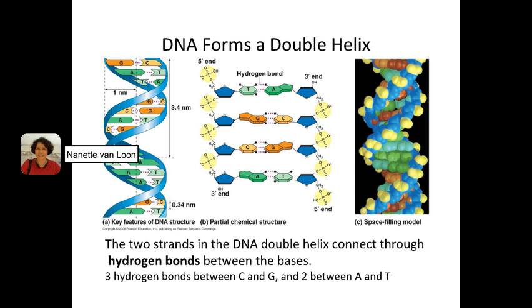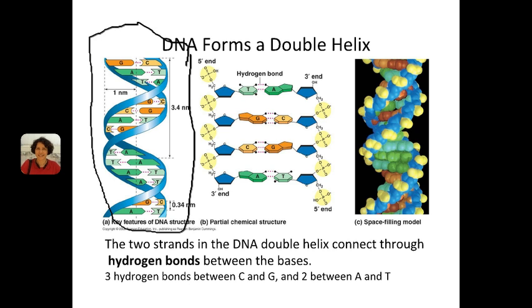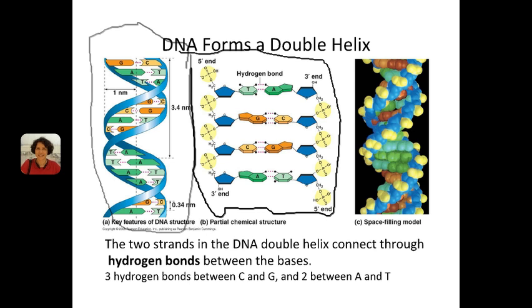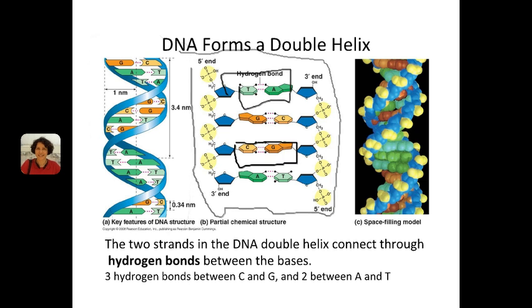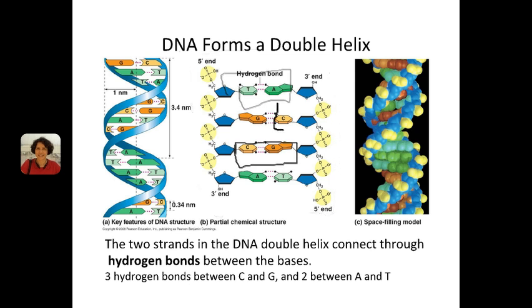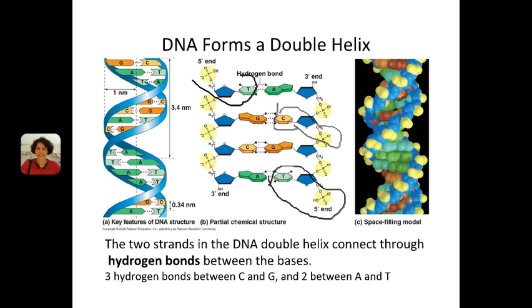And here we see the double helical structure of the DNA molecule. It forms a spiral, and this part in the middle shows us how the 2 strands in the double helix connect with each other through hydrogen bonds. 2 hydrogen bonds between an A and a T, and 3 hydrogen bonds between a C and a G. But you can see how these bases, like this C, is part of this nucleotide here, and this T is part of that nucleotide there, and so this T is part of this nucleotide.